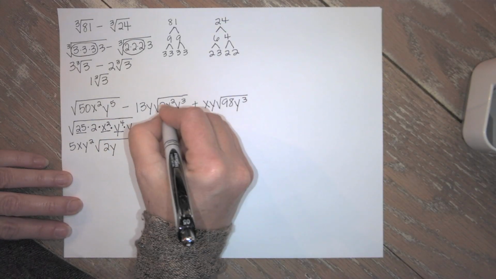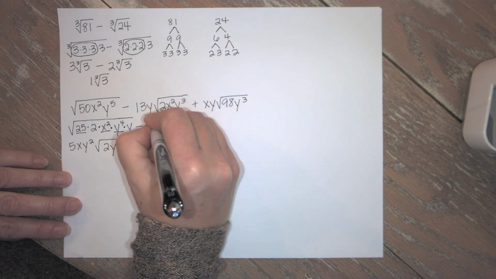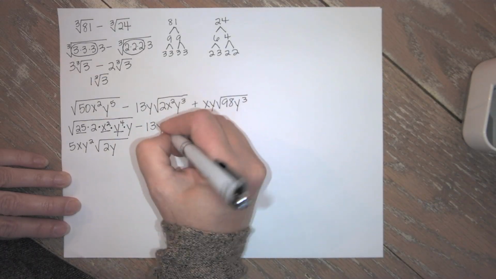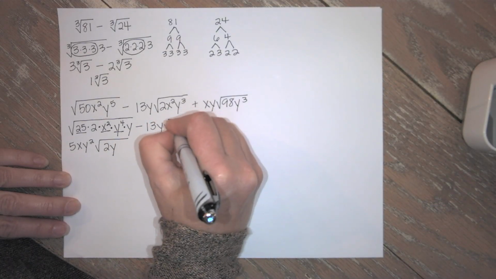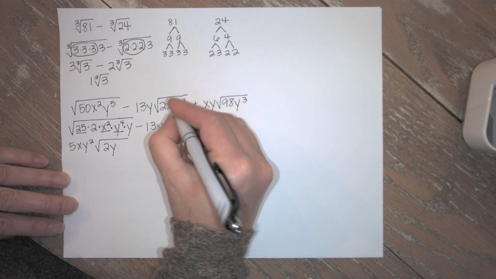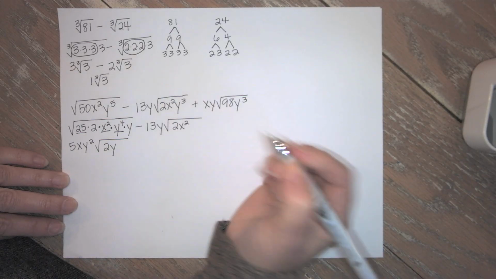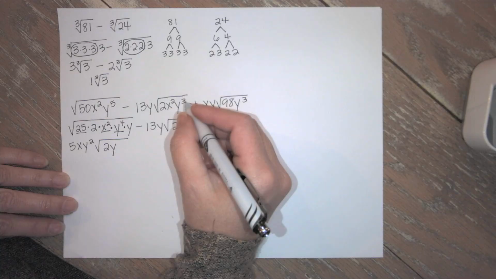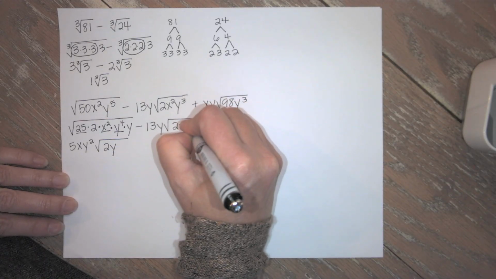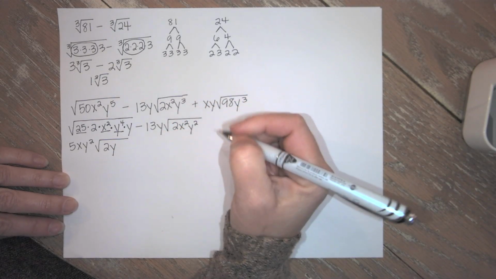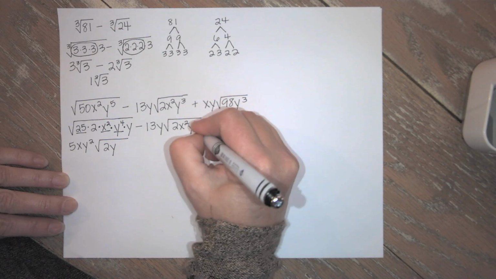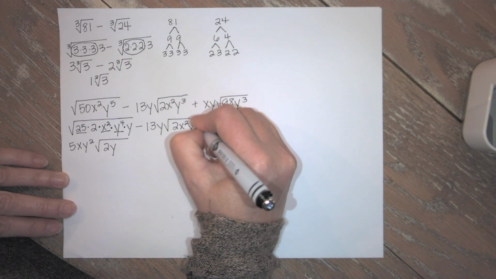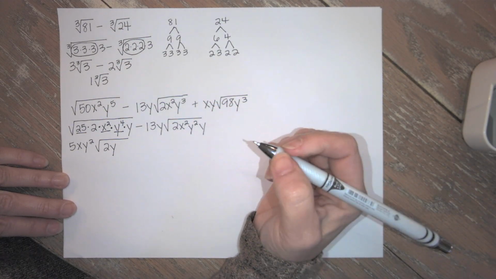All right, let's try this next one. It's got a 13y on the outside. The 2 cannot be broken down. X squared is a perfect square, so I'm going to leave it alone. Y cubed is not a perfect square, but the highest even power of y that's less than y cubed is y squared, which would leave one y left over.